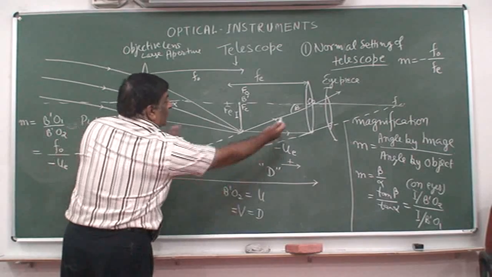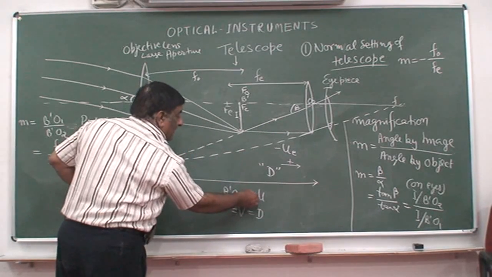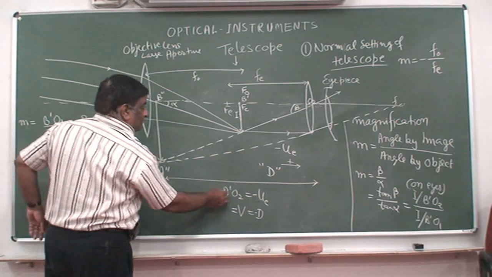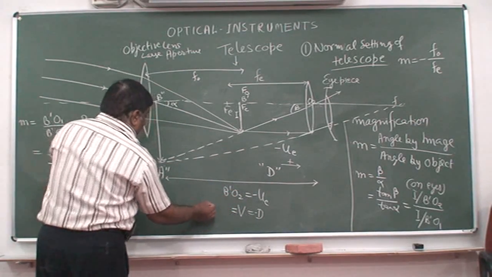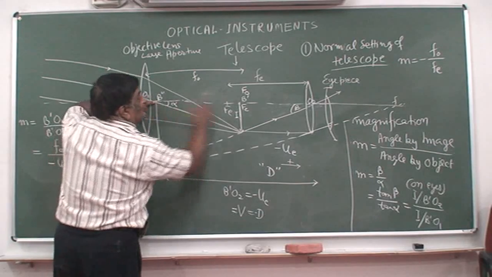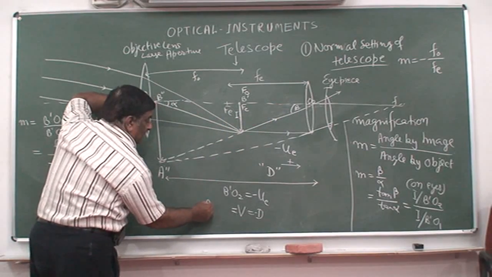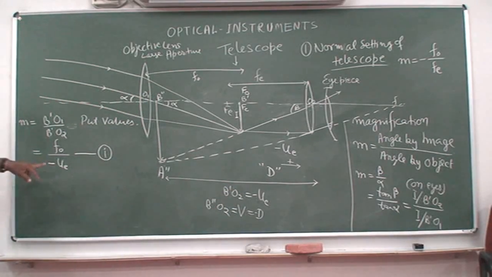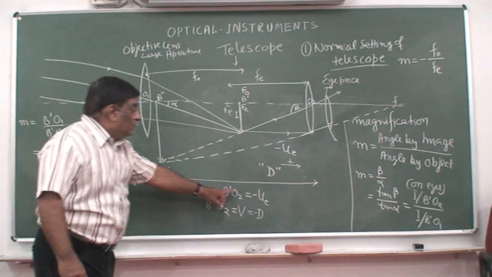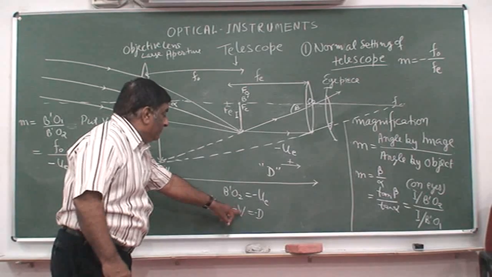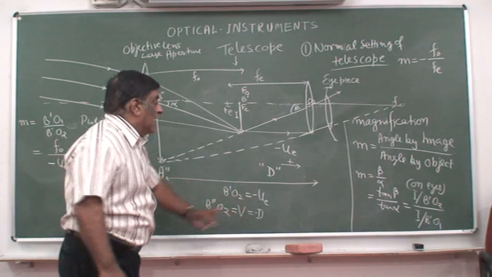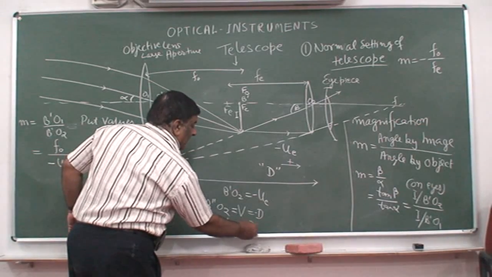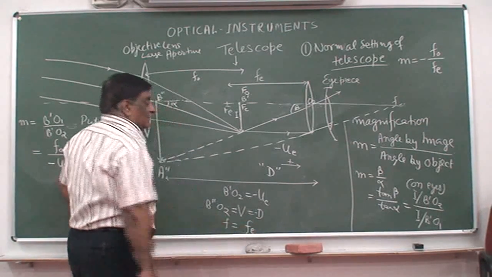When we put the values, both are on this side, so this will be minus and this will also be minus. Now this is U, this is V, and it has a focal length, the focal length of the eyepiece.